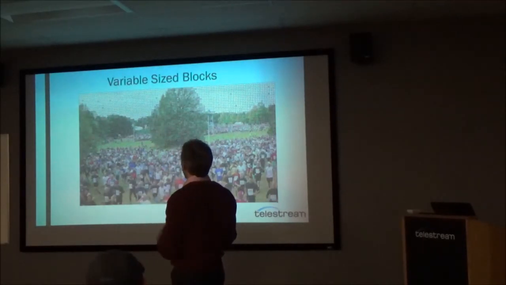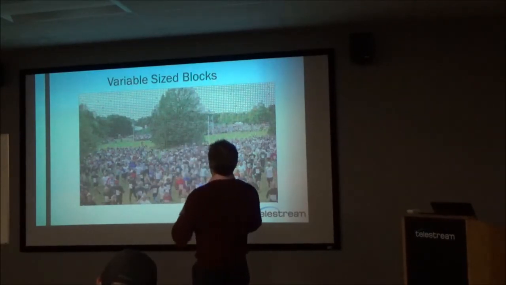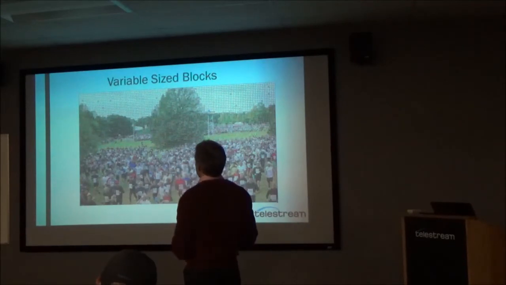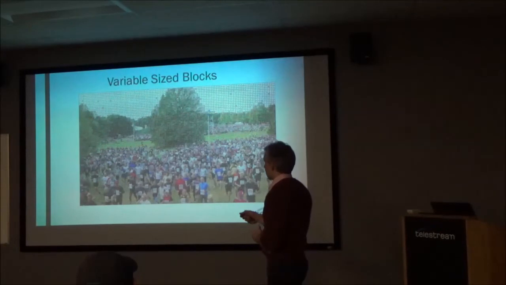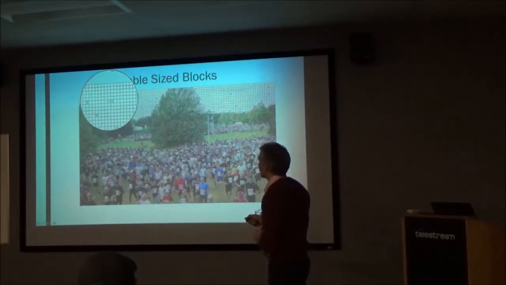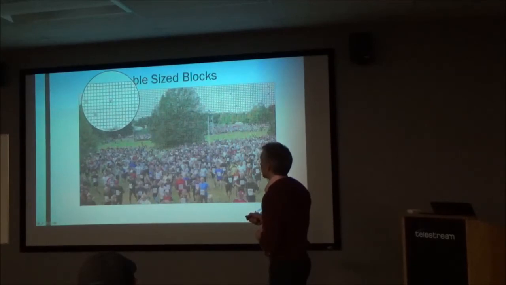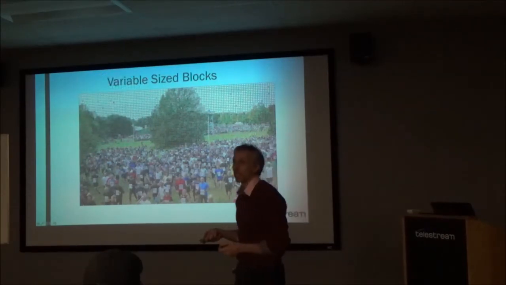But I'm just going to use the word block to refer to some square piece of the screen that we're trying to encode. So in MPEG-2, there were these 16 by 16 blocks. And in H.264, we're allowed now to split those up into smaller blocks, like this one here, for example, because we may be able to find a motion vector for this little square here that's slightly different from the motion vector that we would want to use for this little square here, and we get slightly better efficiency by doing that.